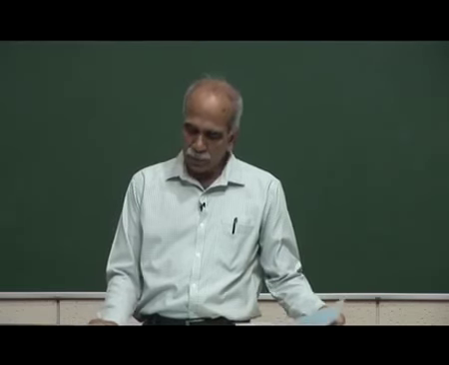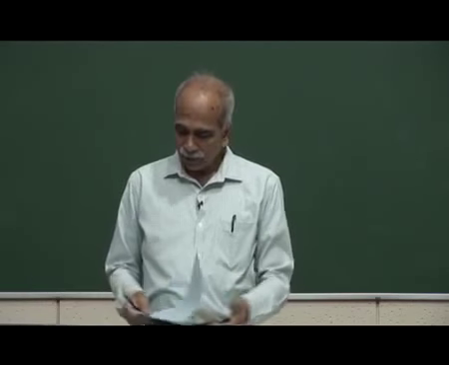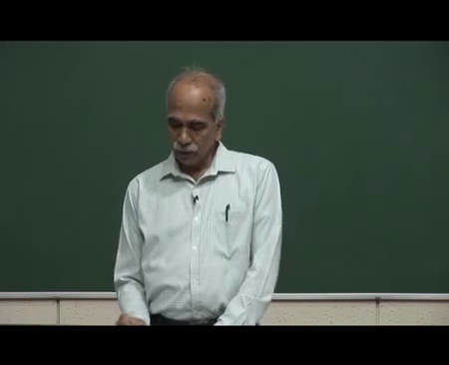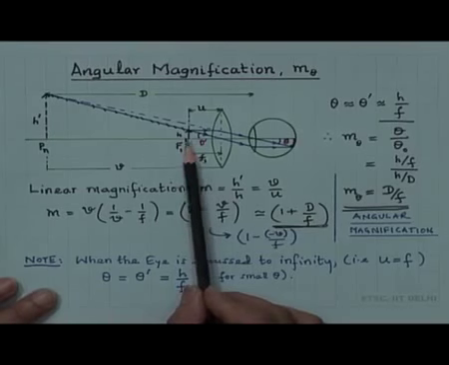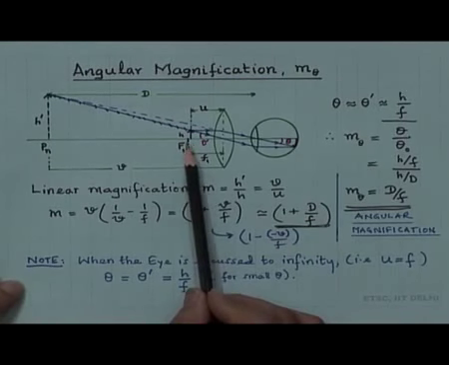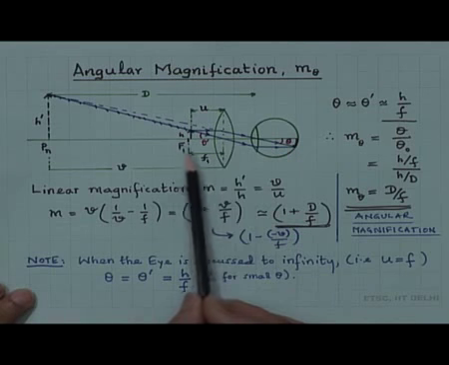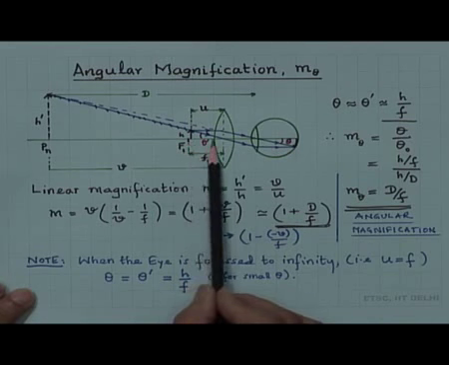The same figure I am showing in the next diagram, so that the calculations are more clear. Here is the object, a small object, a micro object which the eye wants to see, and the lens is introduced here, and therefore, we see h by theta dash.